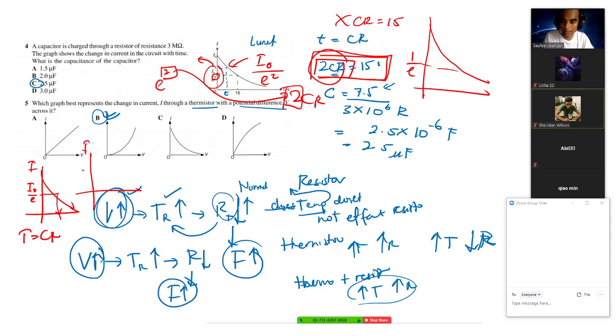If we're given I naught over e squared, so it will be 2, and then you have the number right over here all the time. So 2 tau equals CR, or 2CR equals the number you have on the bottom.